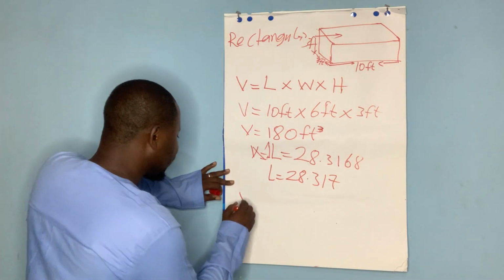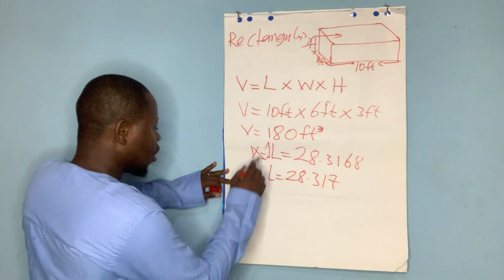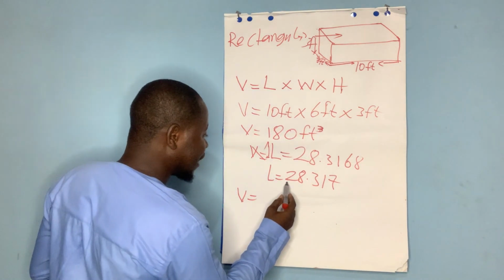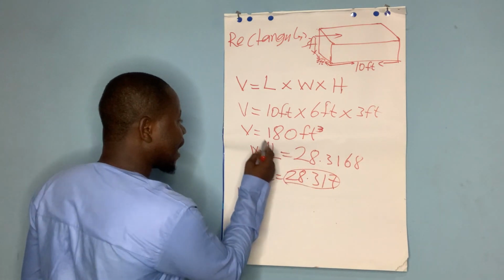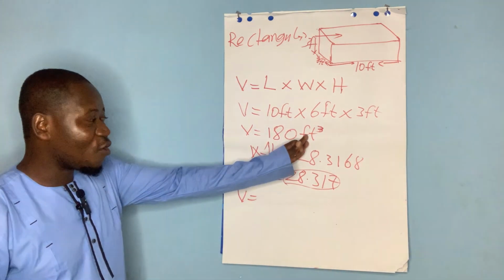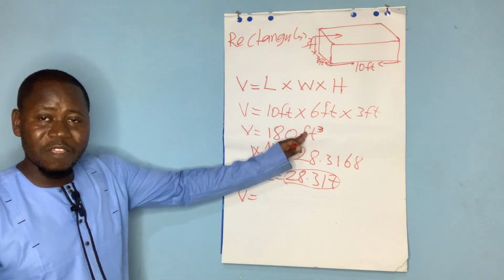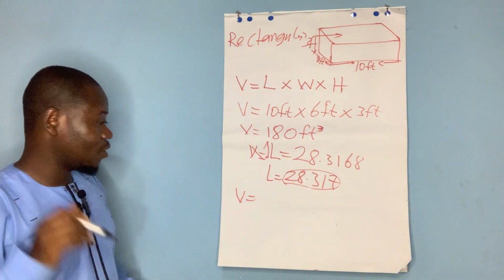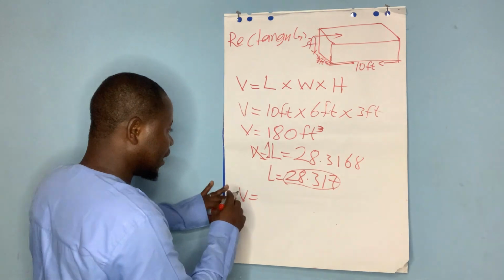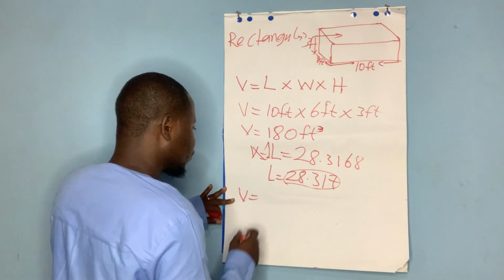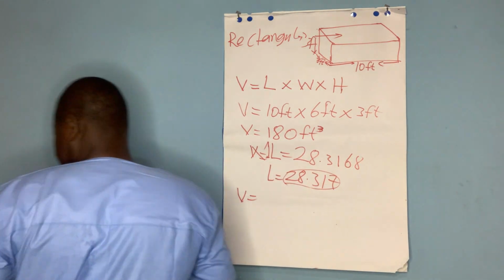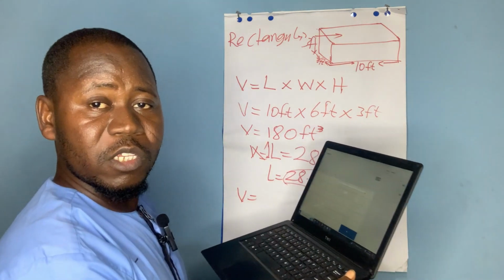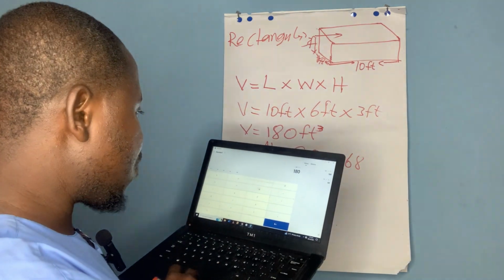So now our volume is equal to, so now we are converting this. We simply multiply this by 180, so that we can now convert the feet cube to liters. So now our volume in liters is equal to 28.317 times 180. So let's do our calculation together again. So this is our PC, our calculator.